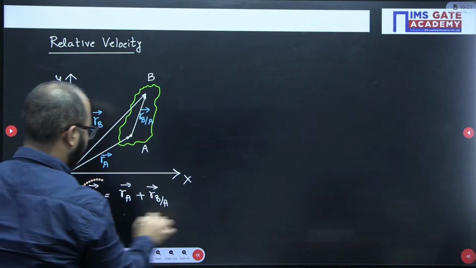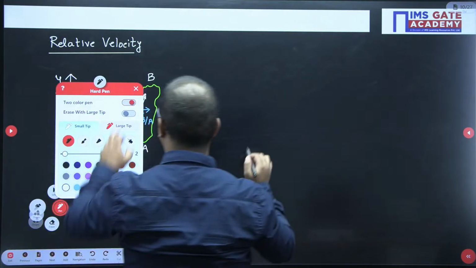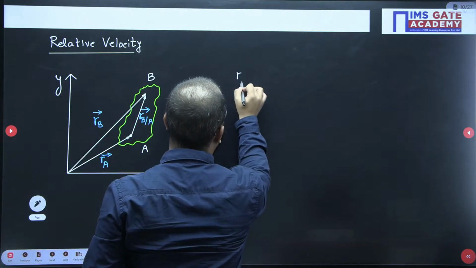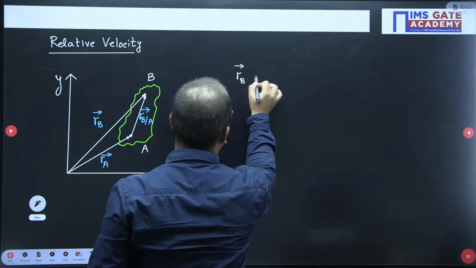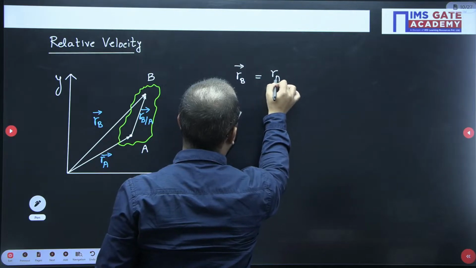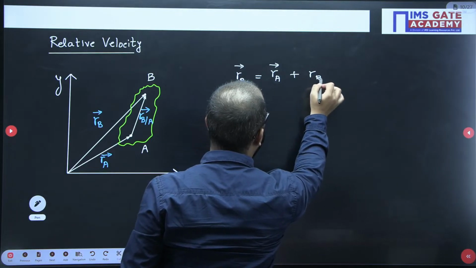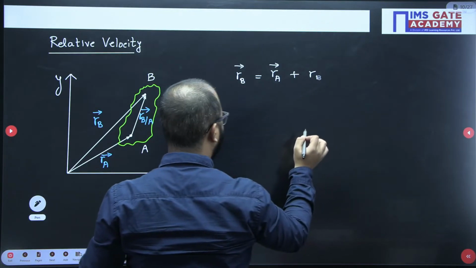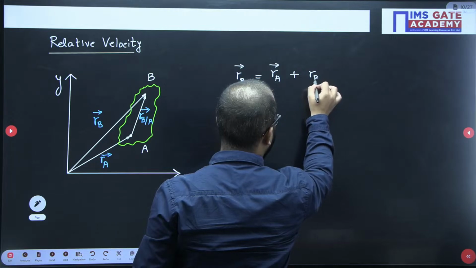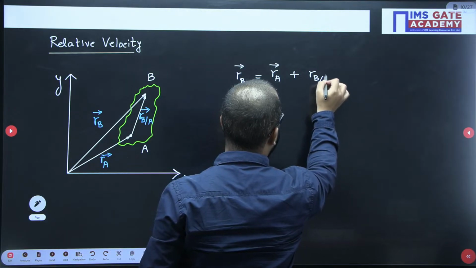Let me write it here. Position of point B is equal to position of point A plus position of point B with respect to A.